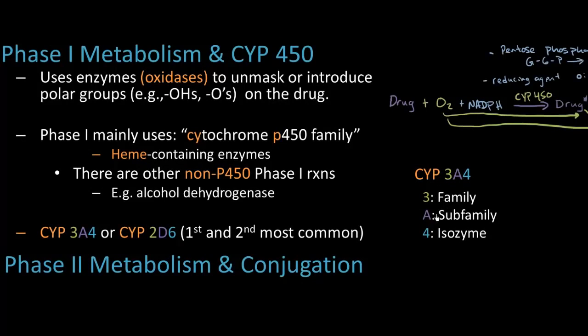The A represents the subfamily of enzyme. And the 4 represents the actual isozyme, the individual isozyme. I think of this as a family. This is the grandmother, this is the mother, and this is the daughter. And it's the individual person right here. So the iso 1 zyme 1 enzyme. And this is phase 1 metabolism.